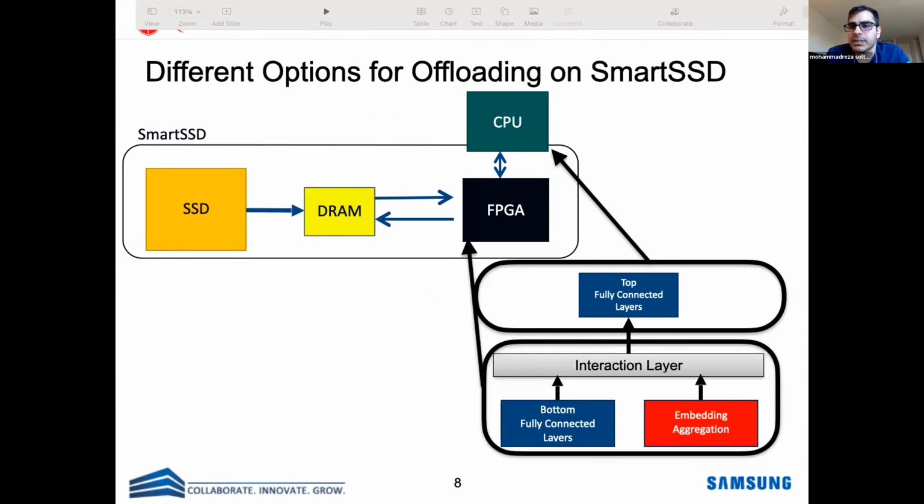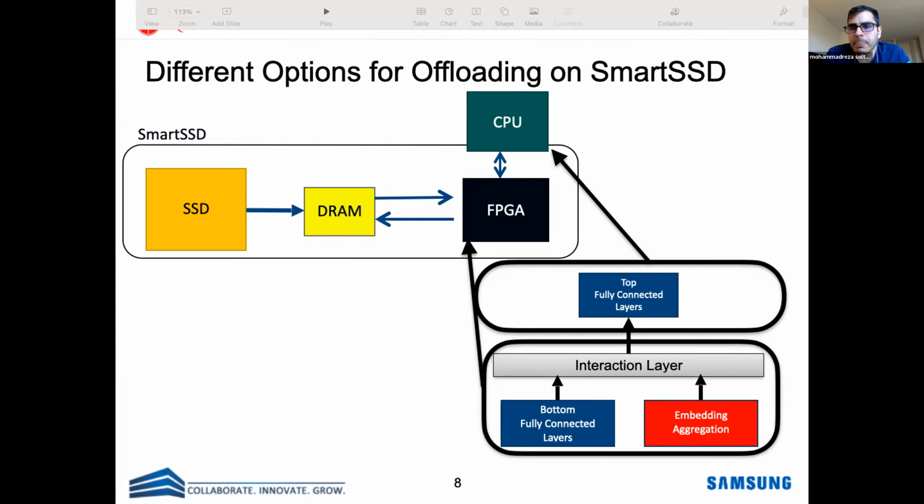There are various options that we explored in our paper. The first option is which layers we can offload to the FPGAs. One option is to offload all layers, including the top and bottom fully connected layers and the embedding aggregation operations, to the FPGA. We also consider other options, as this slide shows, where we partially offload some of the computation to the FPGA and let the CPU do the rest.